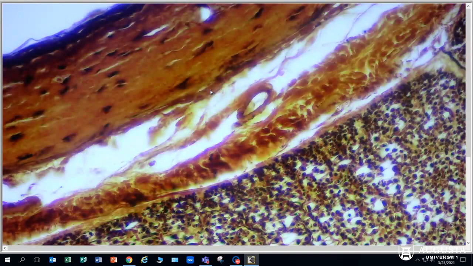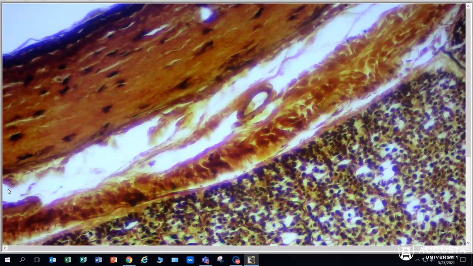If we move to the 40x objective, to high power, we can see pia mater, dura mater, and then in between those two layers, we see this very delicate strand-like, almost spider web of material in between the pia mater and the dura mater, and that is the arachnoid mater.